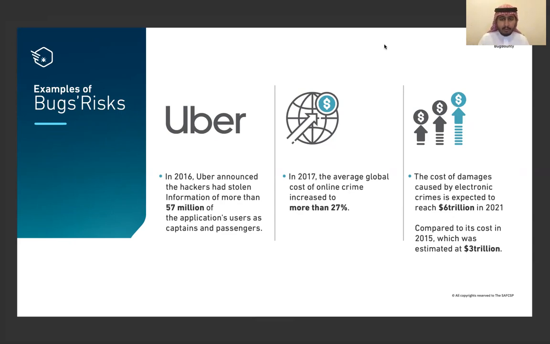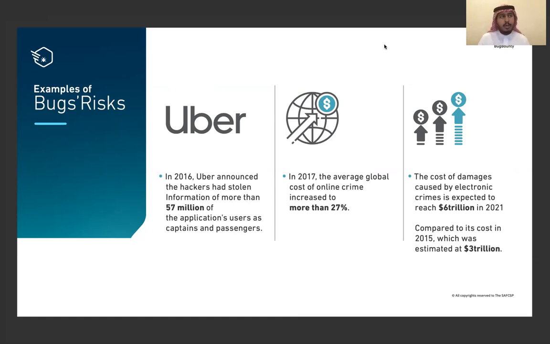Uber, for example, in 2016, was hacked by black hat hackers, and they leaked more than 50 million records of customer data. And that was only because of one single bug they found in the application.